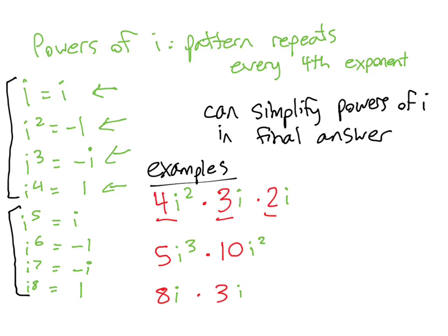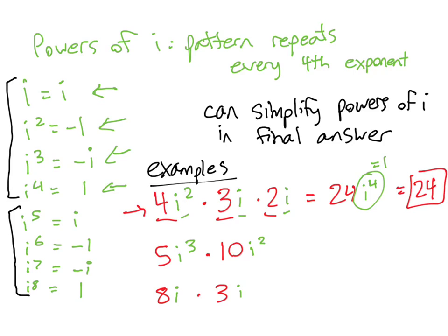To multiply this first example here, 4 times 3 is 12, times 2 is 24, and we have i squared times i gives us i to the power of 4, and we can simplify i to the power of 4 to equal 1. So this is 24 times 1, which is 24.